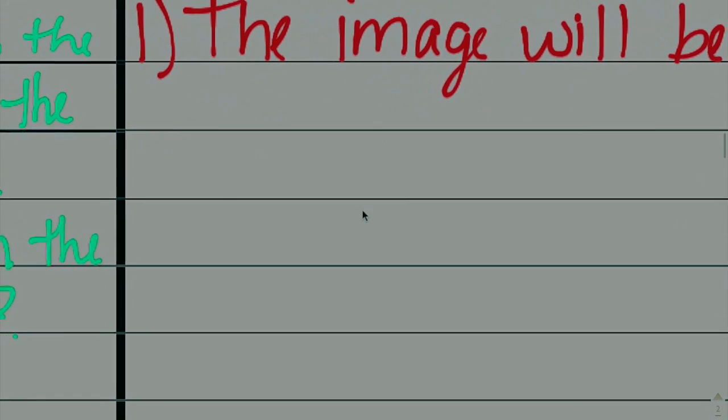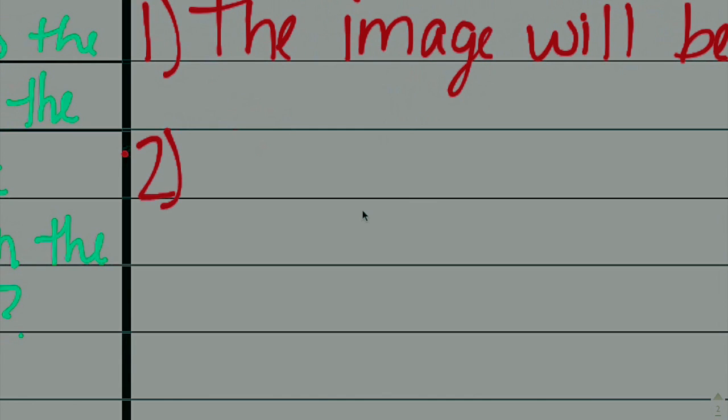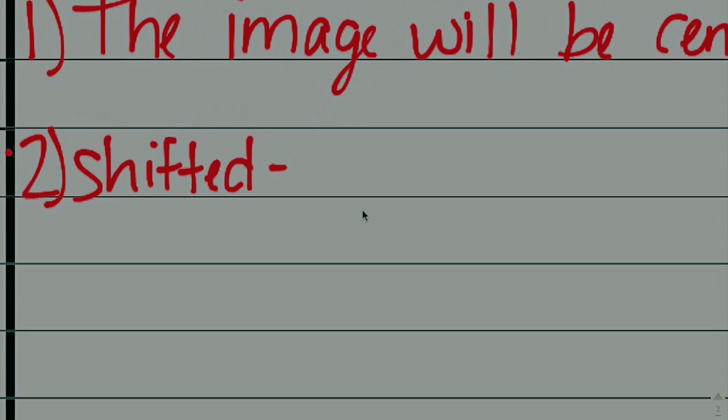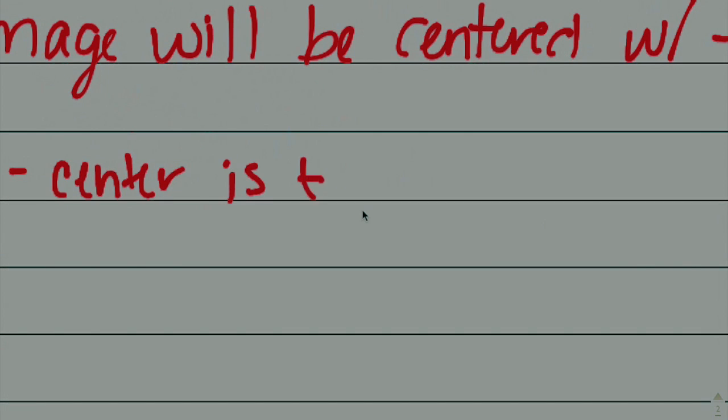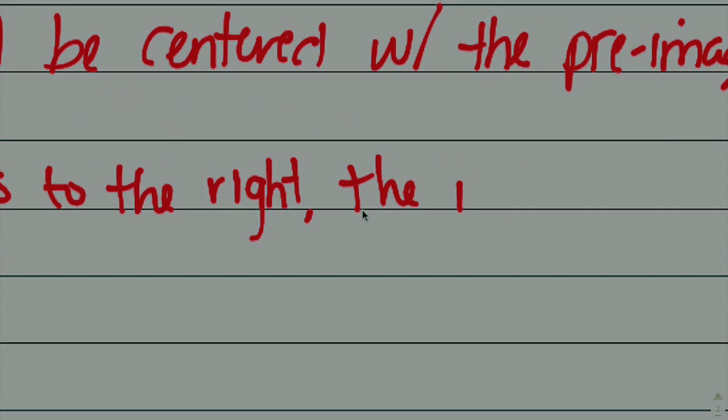Okay, so then 2, it's going to be shifted is the word we will use. And if the point, so specifically, actually we should not use point, let's use center. If the center is to the right, the image shifts left.